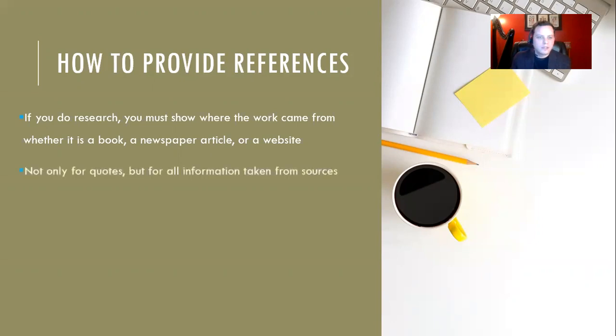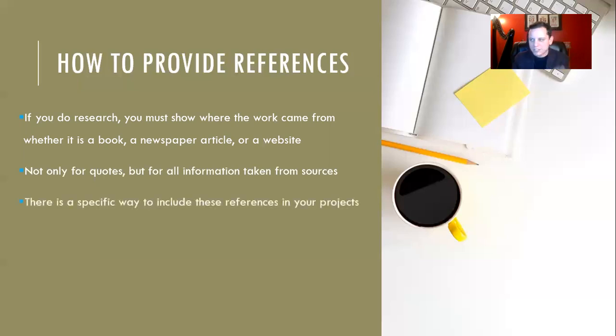So it's not just for quotes, but it is for specific information. So in my example of Moscow, remember we used our own words. I changed those sentences, but I didn't use a quote. I would still need to provide a reference to tell the teacher where I got that information.